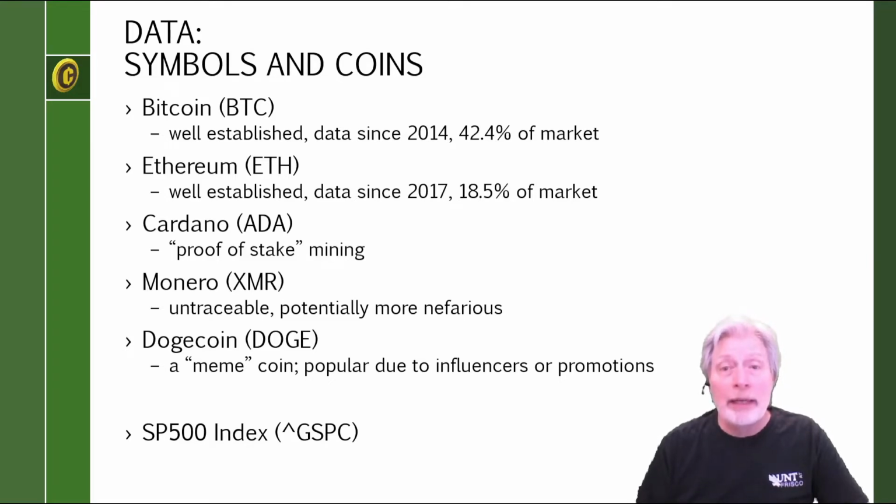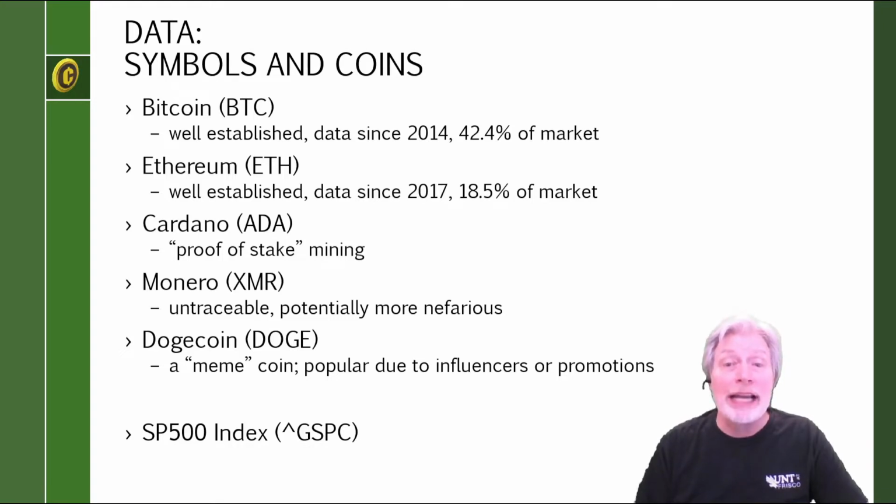The fourth coin, Monero, was chosen because it's purported to be untraceable, and so it could potentially be used for more nefarious purposes. And then the final coin was Dogecoin. It's a meme coin which has become popular due to influencers or promoters. Again, this is a very small set, 5 out of over 17,000, so it's not the best representation, but it seemed like a manageable number to work with for the analysis.